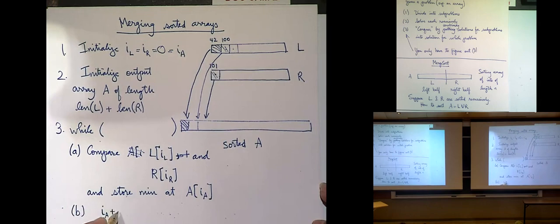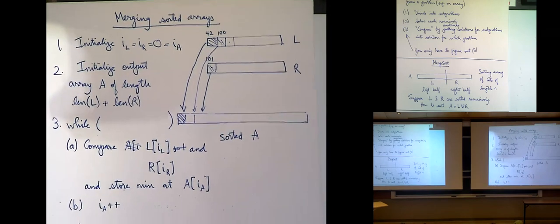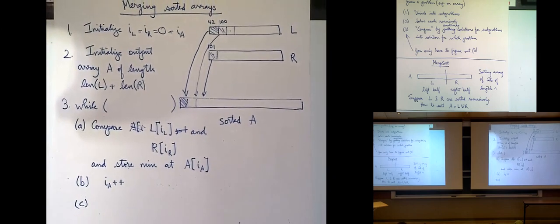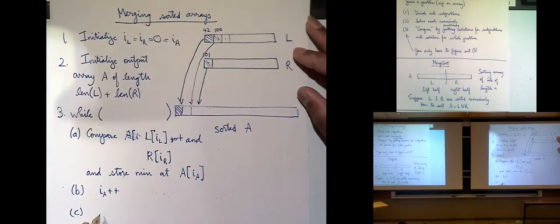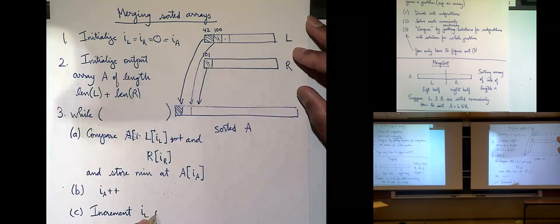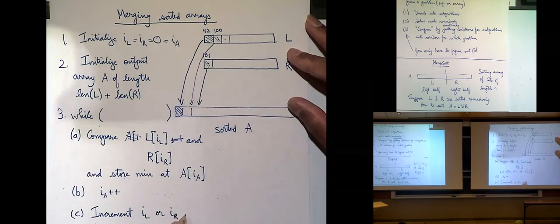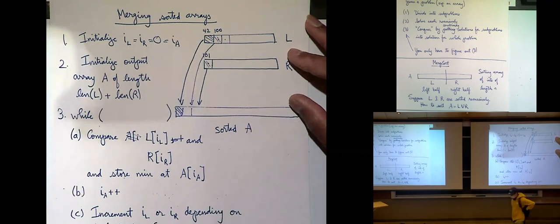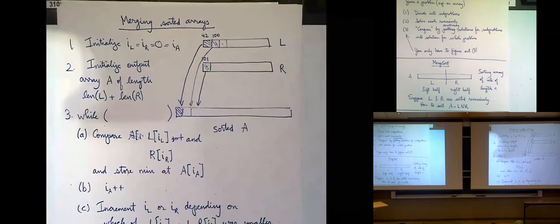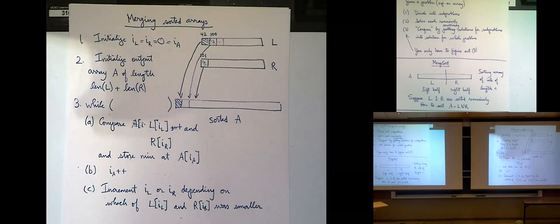Then I'm going to increment IA. And then what I do is I increment IL or IR depending on which of L[IL] and R[IR] was smaller. And if they're equal, you can break ties arbitrarily, so I'm not going to worry about that.